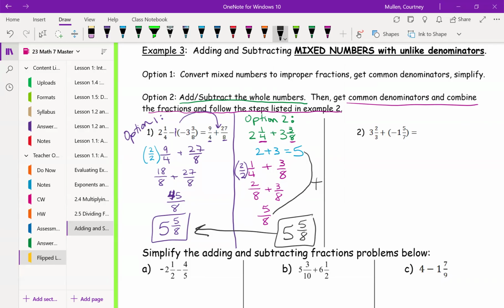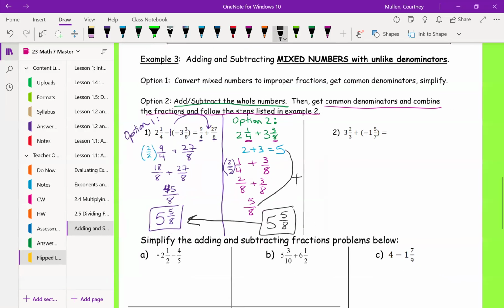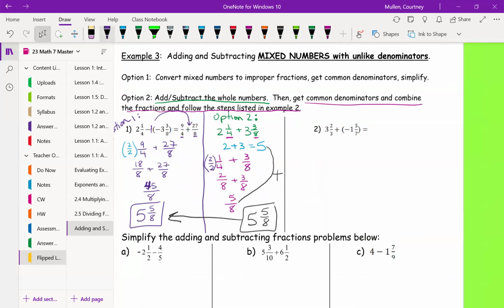Let's try this one more time, doing mixed fractions both ways. So option 1 says, okay, convert to improper fractions. So 3 times 3 is 9, plus 2 is 11/3. My double sign becomes a negative. 1 times 7 is 7, plus 5 is 12.